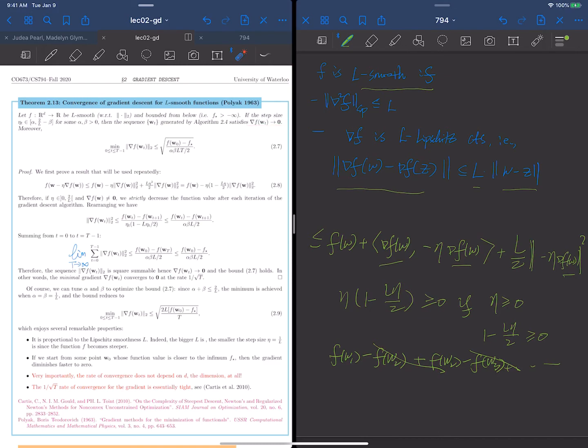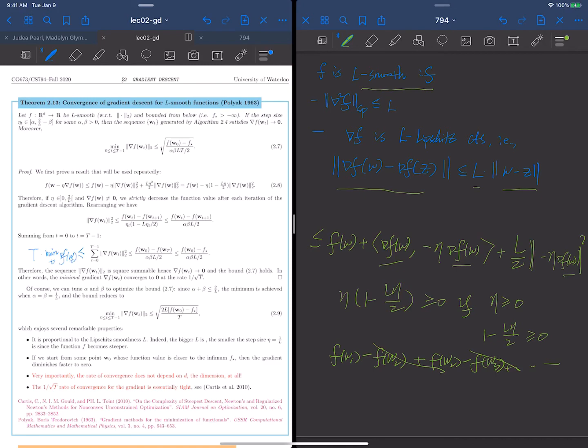And it's also clear that this bound holds. And this is because we have a summation. The summation is obviously greater than the number of terms multiplied by the minimum. Right?